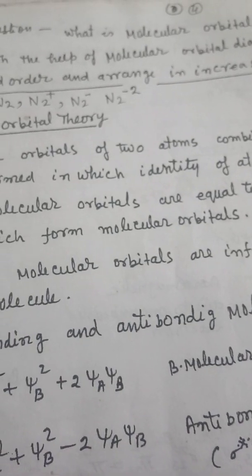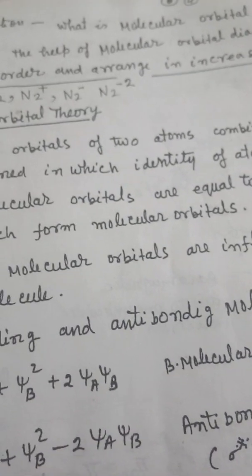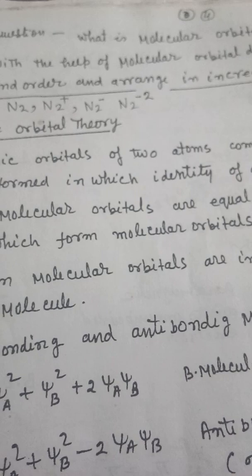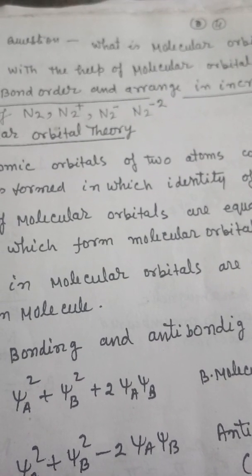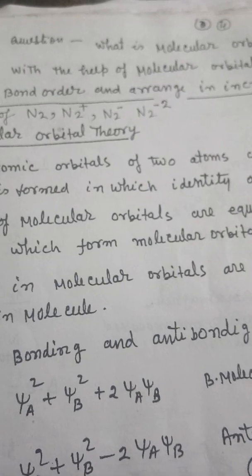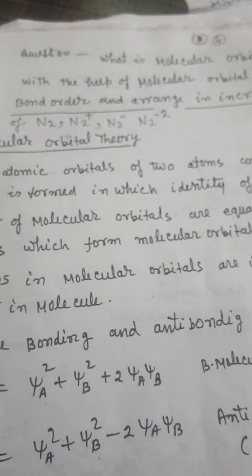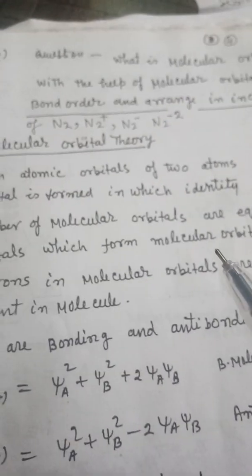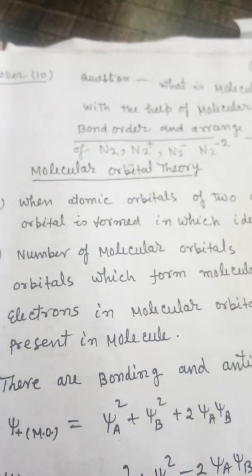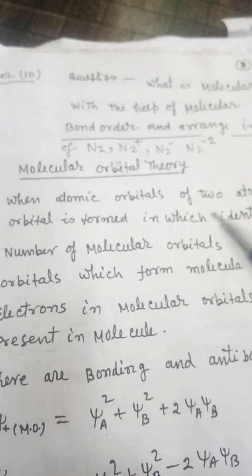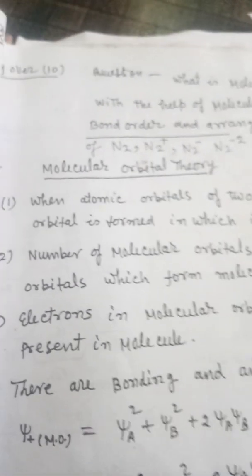As soon as a molecular orbital is formed, no individual atom identity can be recognized, meaning the identity of the atom is lost. So this is the first one. You can simply say that when molecules are formed, the identity of the atom is lost.